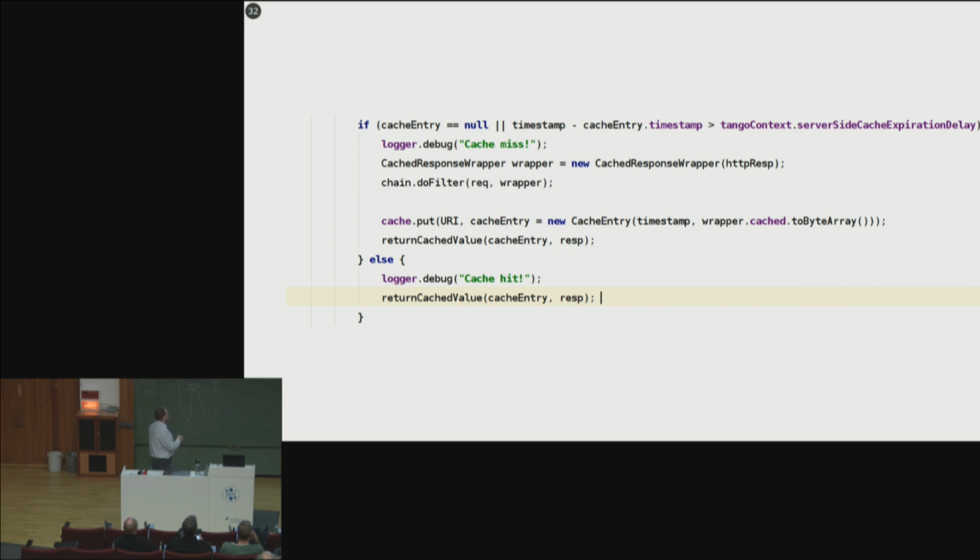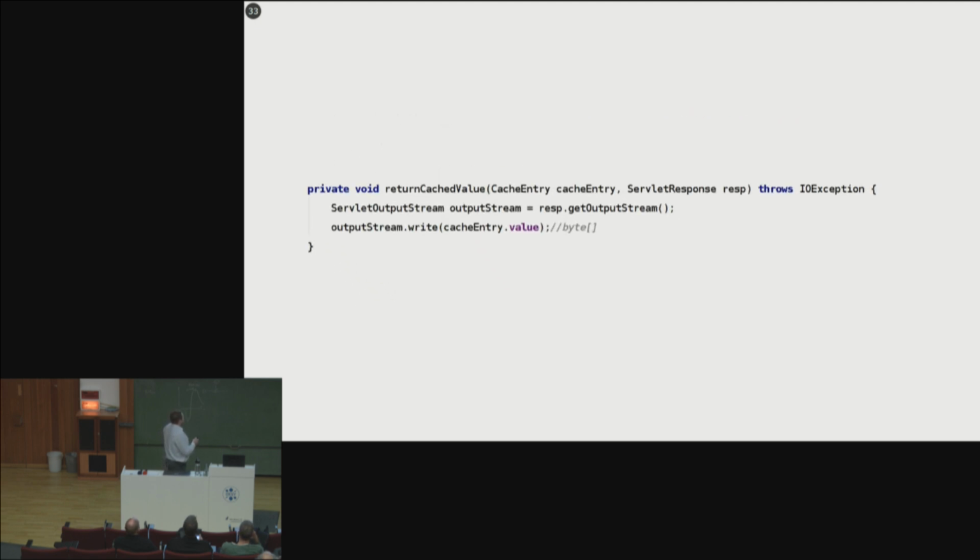So if we hit the cache, we basically return a byte array. We directly write it into the output stream and prevent further execution of the request on the server side. For our needs, it's a very easy and powerful concept, and we are really happy with it.